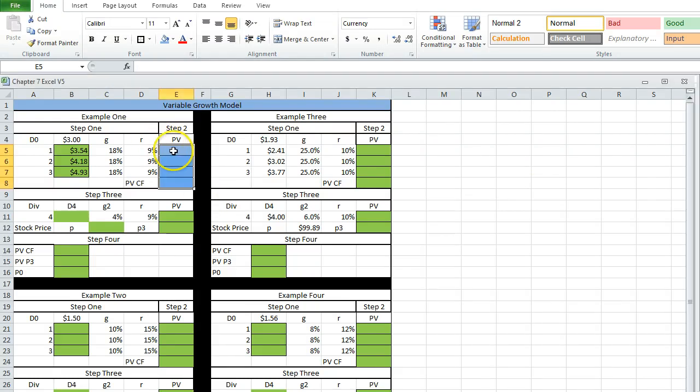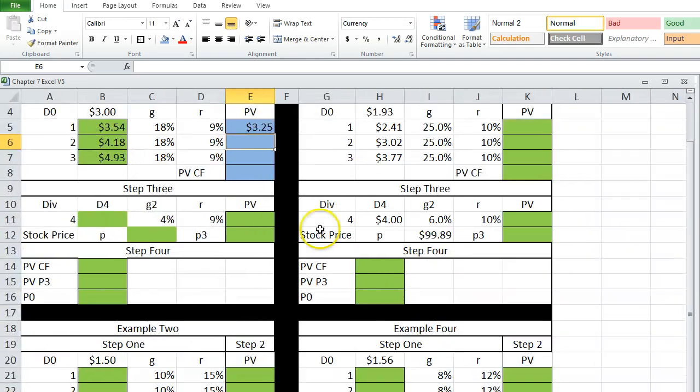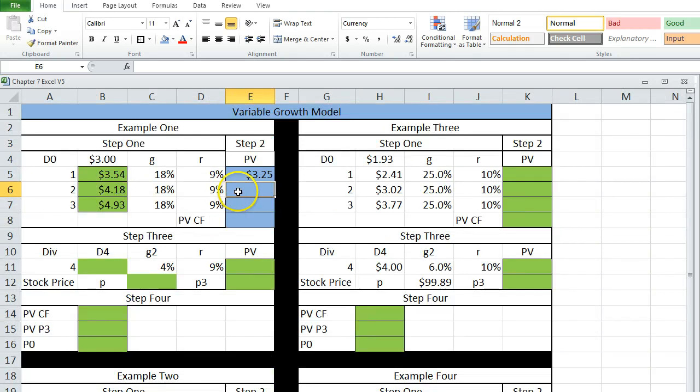Okay, so for the first present value, I'm going to start by taking the D1 and I'm going to divide that by 1 plus R to the exponent 1. So let me just hit enter on that. So let me make this a little bit bigger.